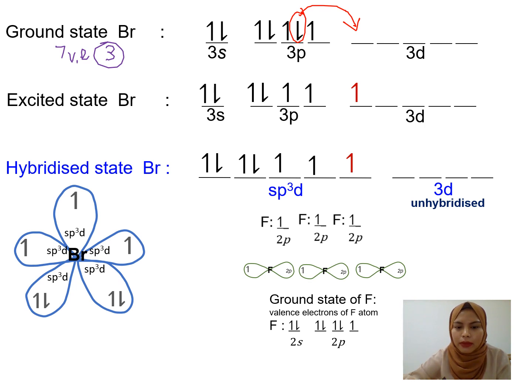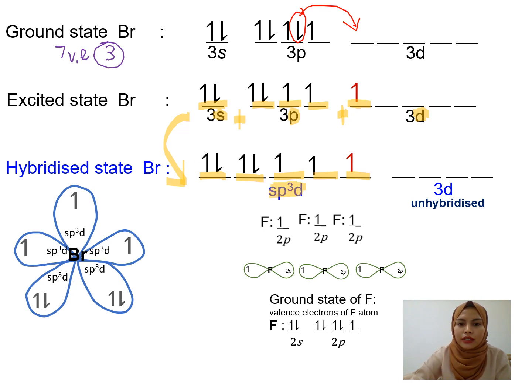Okay, so apa yang berlaku kat sini ialah satu orbital dekat S ni akan dicampurkan dengan 3 orbital di 3P of Br and dia campurkan dengan satu orbital di 3D orbital dekat Br. So apa yang berlaku kat sini, they will form 1, 2, 3, 4, 5 new sets of sp3d hybrid orbital.